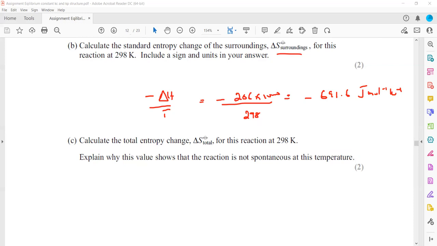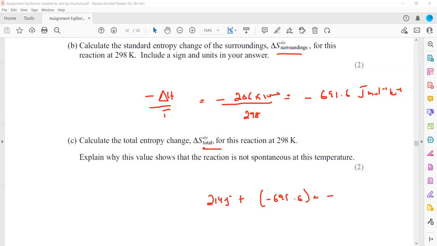And then the total entropy will be the system plus the surroundings. From our answers for the previous parts, we just sum. So 214.5 was the first one, plus the surroundings, minus 691.6.